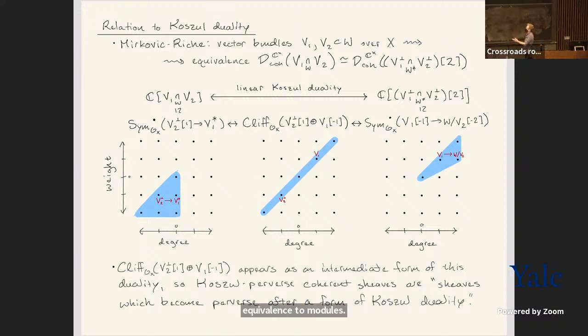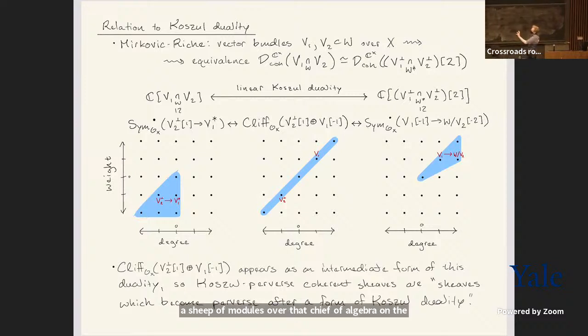So now we can say a little more explicitly or concretely where this terminology comes from. What's the connection to causality of this T structure? How is this name causal perverse justified? Well, a sheaf on V1 intersect V2 is a sheaf of modules over that sheaf of algebras on the left.